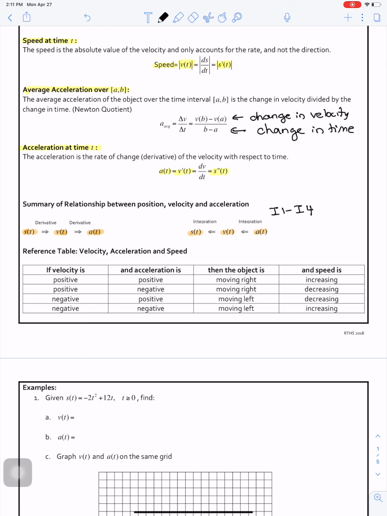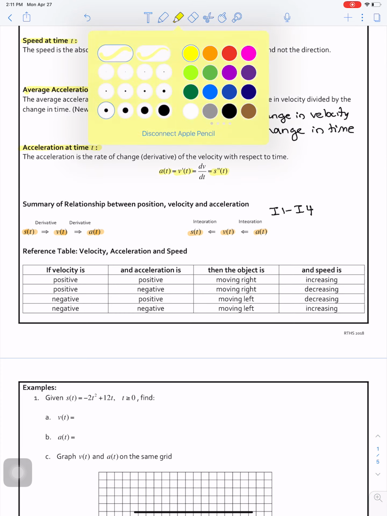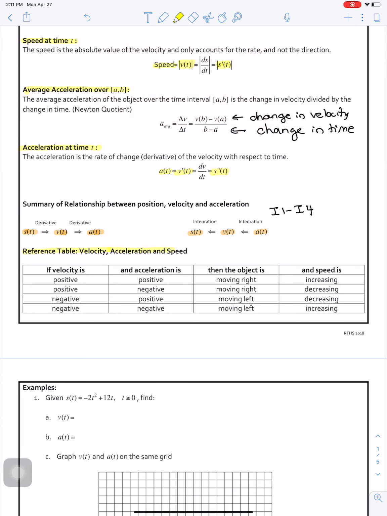Now, just a reference table for you. Our questions won't get too particular, but if they talk about the velocity of a particle, whether the particle is moving right or left, or if the speed is increasing or decreasing: if my velocity is positive and my acceleration is positive, or if my velocity is negative and the acceleration is negative, my speed is increasing in both.